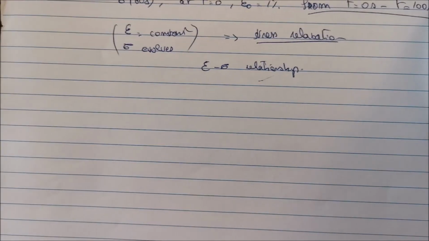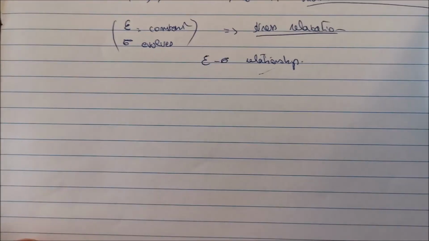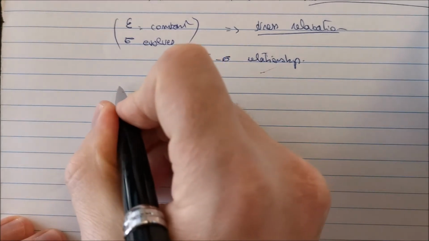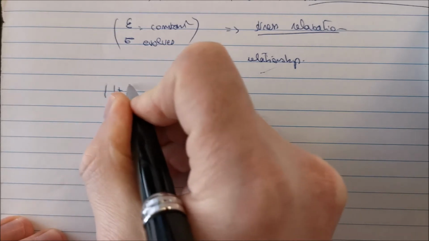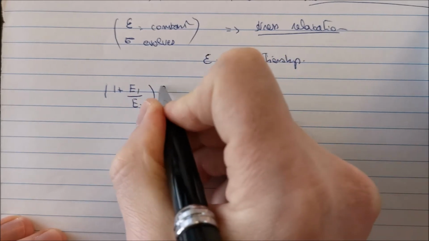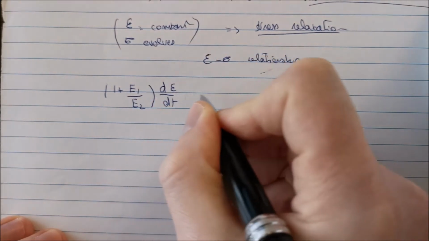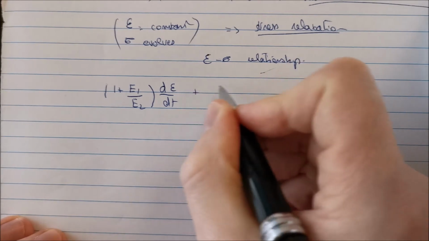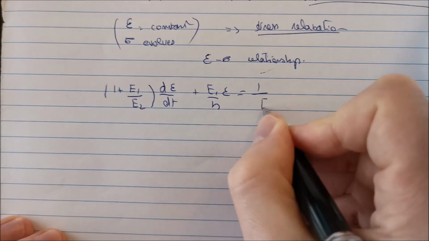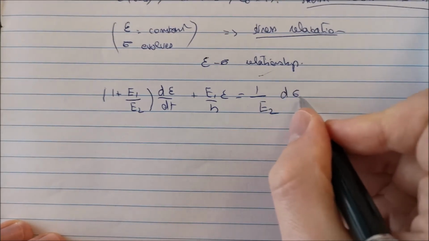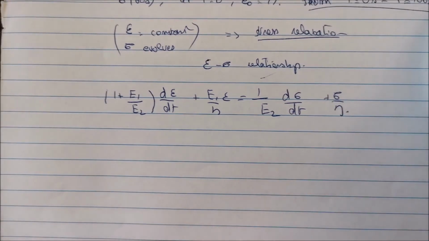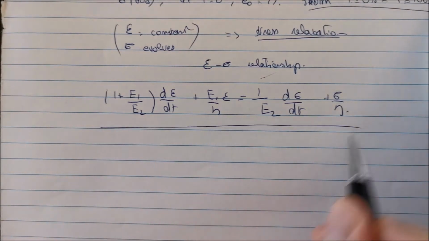For this problem, we are just going to use the expression derived at the end of last week's problem. After solving, we obtain a system that looks like 1 plus E1 divided by E2 times the derivative of the strain over time plus the remaining terms. This is the expression for this 3-element model.